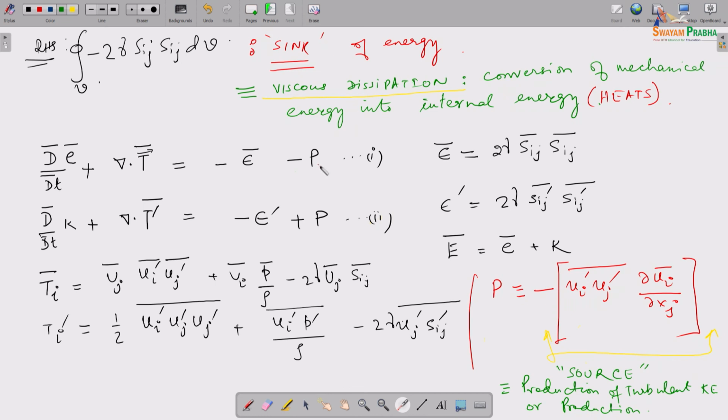So it removes K from the mean flow, and it is adding it to the turbulent flow.